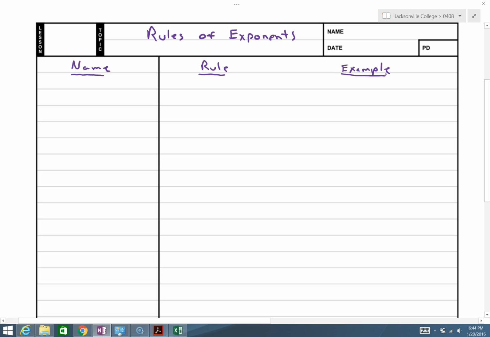The first rule of exponents we will discuss is called the product rule. The product rule states if you have some number x to some power a, and you multiply that by the same number x to a power of b, then the product, the answer to a multiplication problem, is x to the power of a plus b.